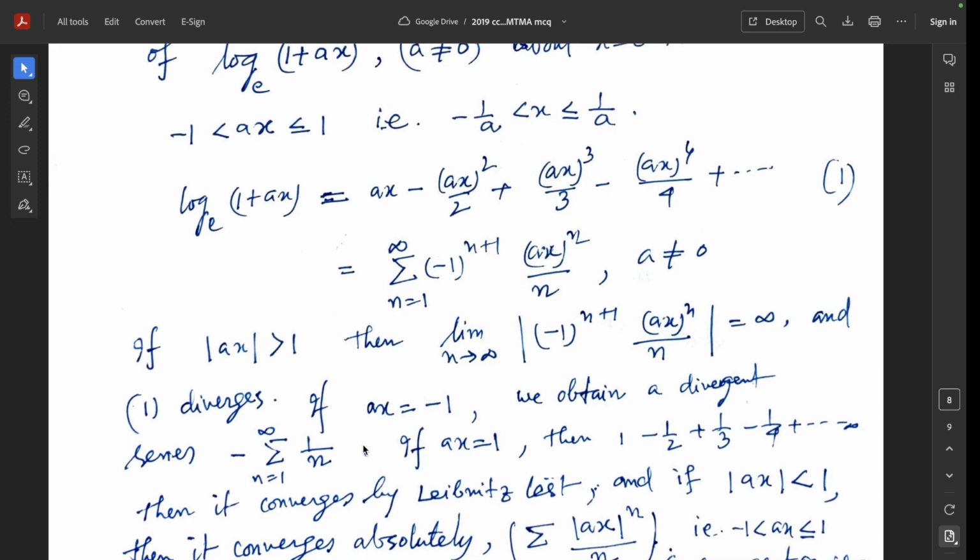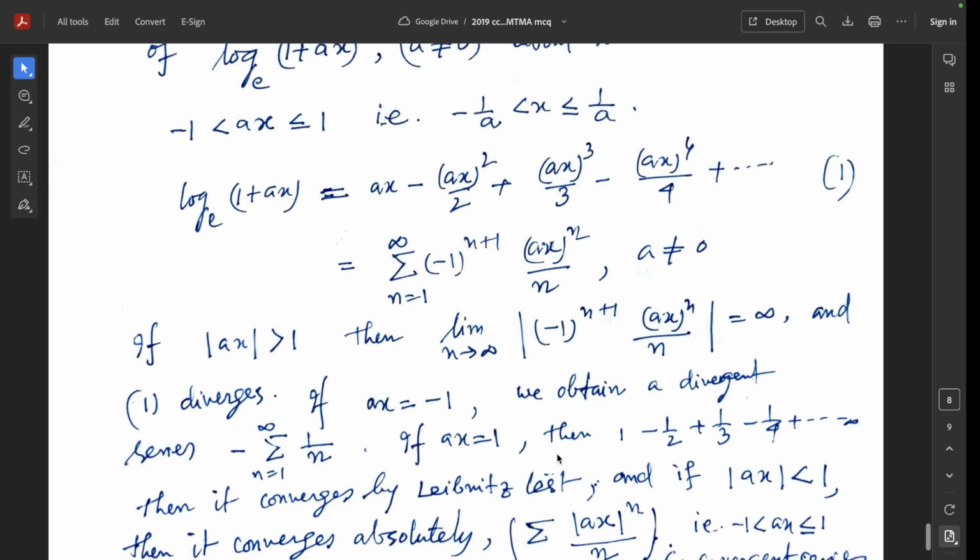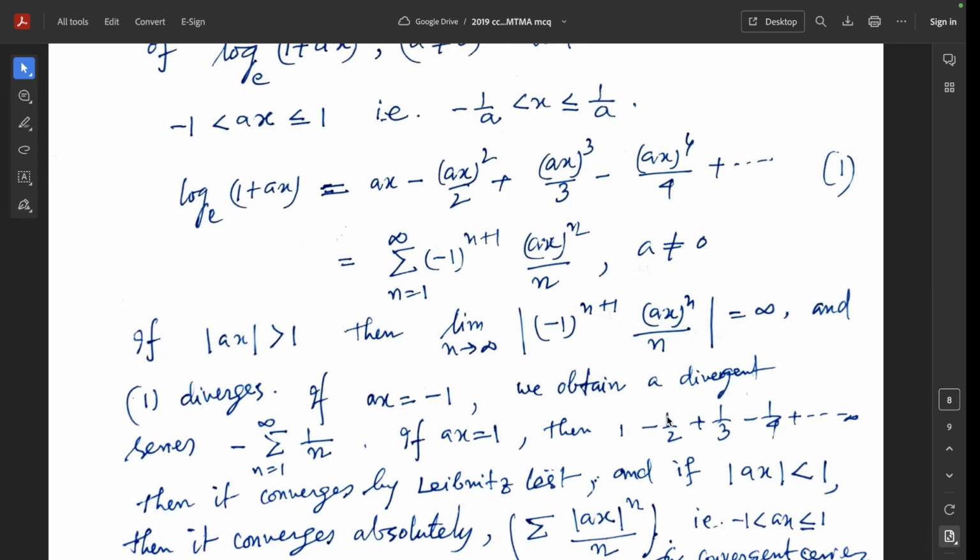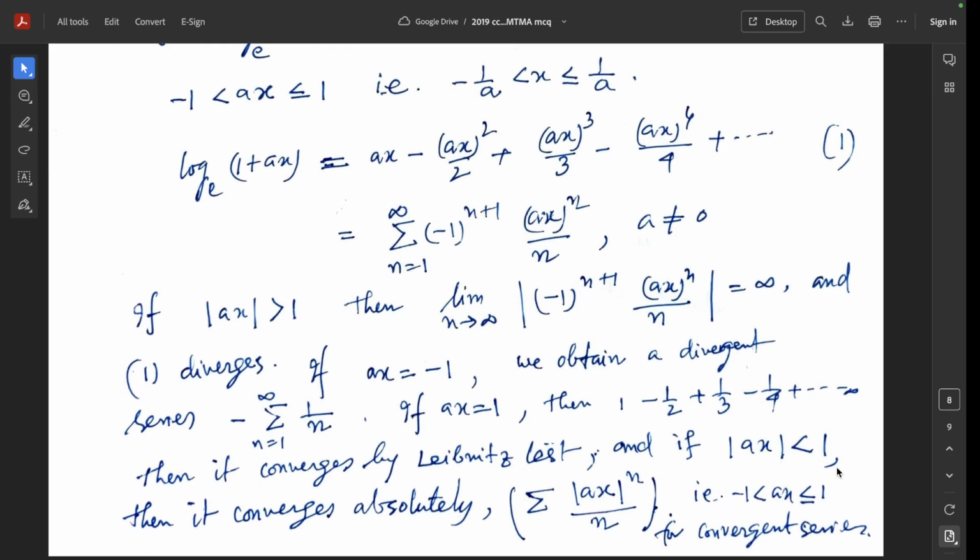Obviously it is a divergent series. If ax equals 1, we get 1 minus 1 by 2 plus 1 by 3 minus 1 by 4, and so on to infinity. Then it converges by the Leibniz test, and if mod of x is less than 1, it converges absolutely.